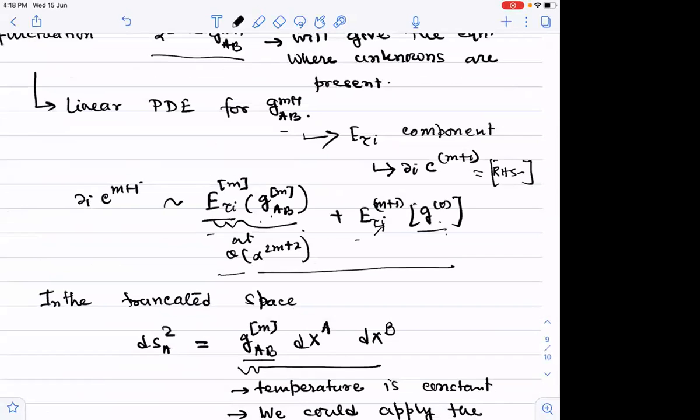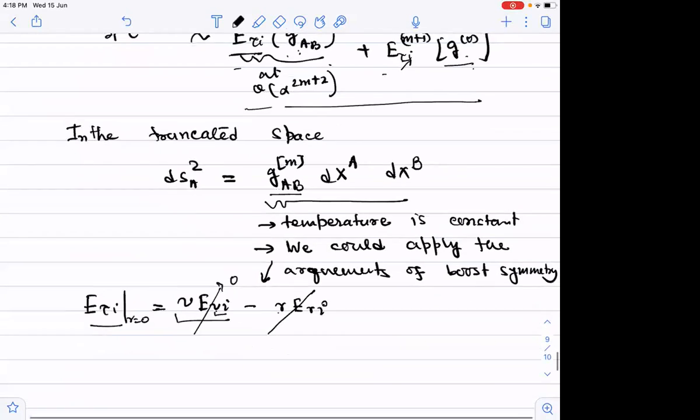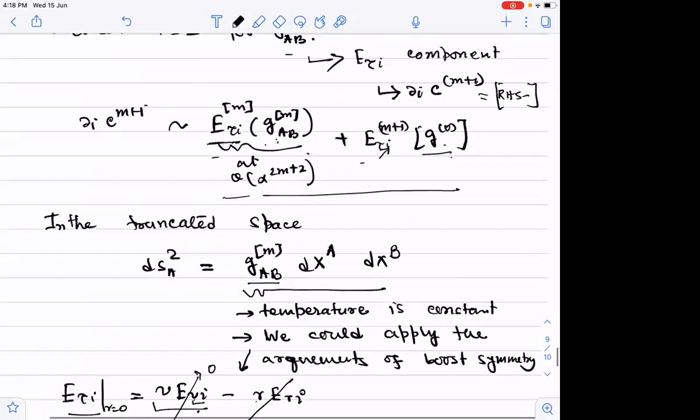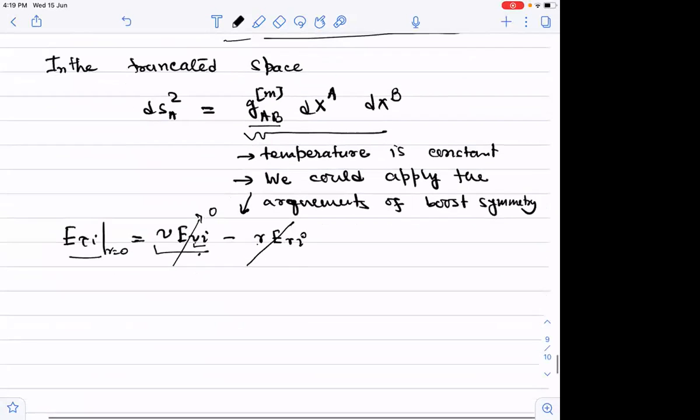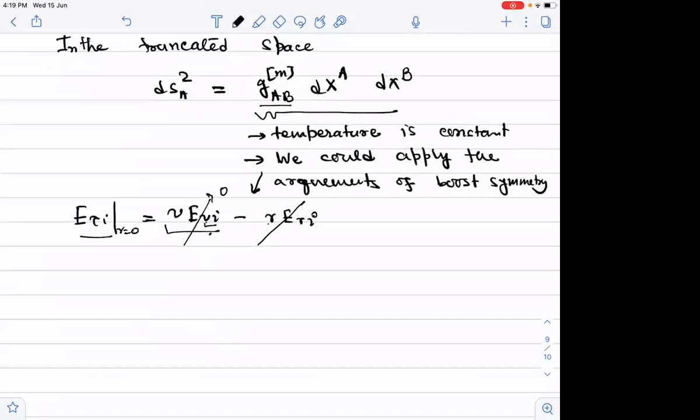E tau I is a covariant tensor evaluated on GMAB, which is stationary, temperature is constant according to our assumption. Everything is true up to order M. And therefore, E tau I will go to E V I and it will be 0. So therefore, source is 0. So if up to mth order it is true, at m plus 1th order it will again be true because del I Cm plus 1 is true. So this way, perturbatively, we could prove that C is constant.